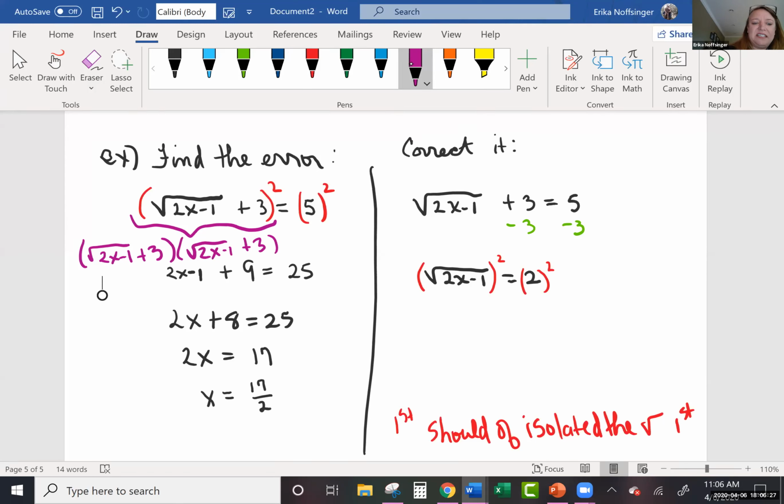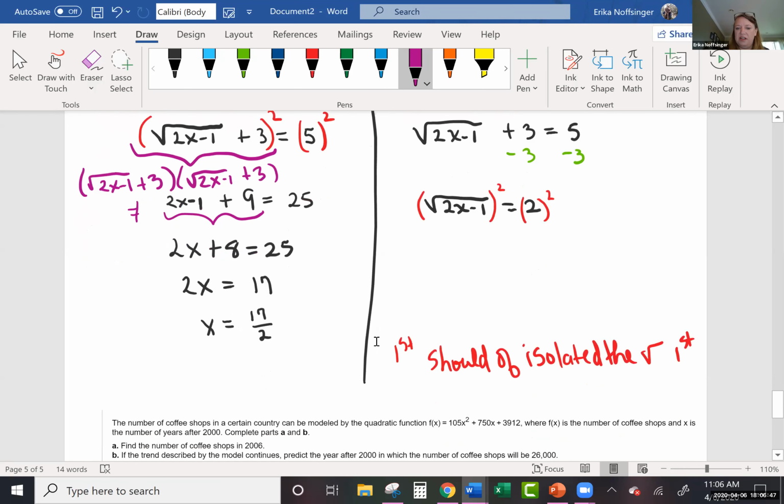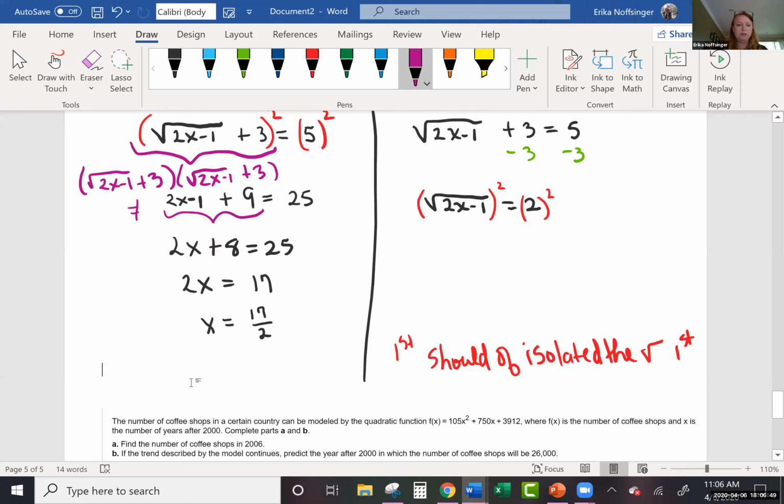And that does not equal what the person had put below. So if you FOILed that out or distributed, you would not get 2x minus 1 plus 3. Okay. So that was the other part where the student had gone wrong.